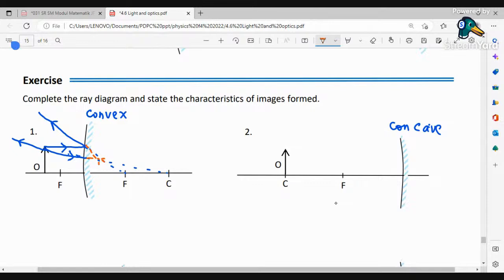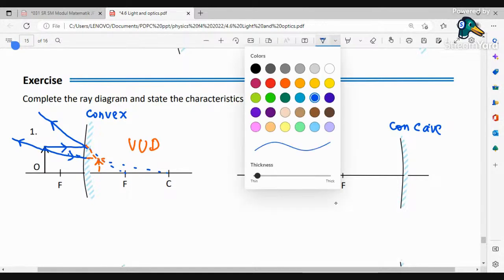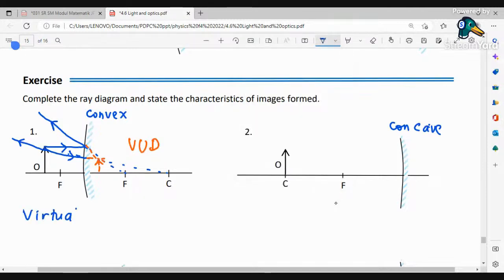You will get the image formed here. So the image formed here for convex is always upright. Okay, so this is for convex.